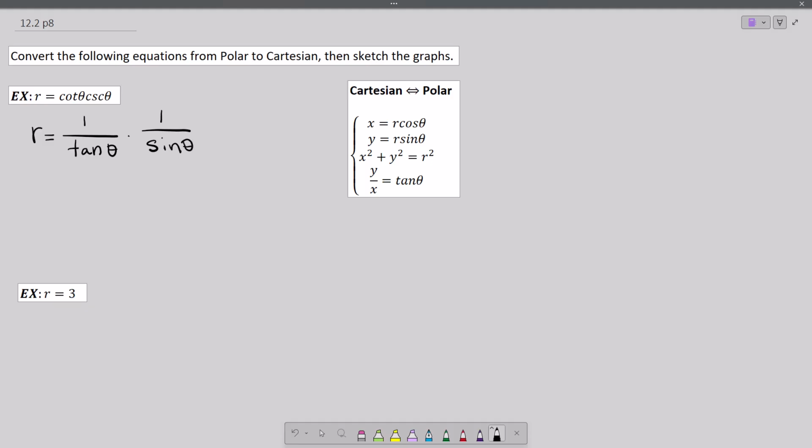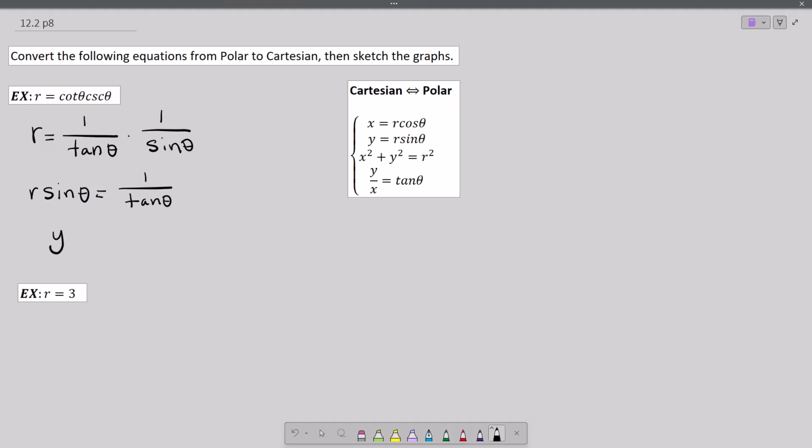The first thing I notice here is that if we move the sine to the left, that will give us an r sine theta, which is going to be a y. So let's do that. So we have r sine of theta. And now we have tangent. So tangent is fine. We can just leave tangent there.